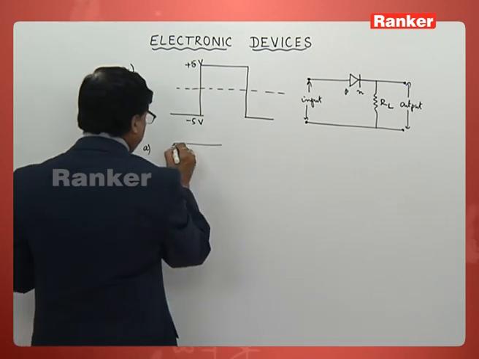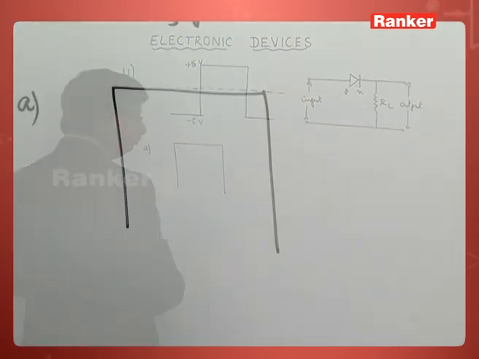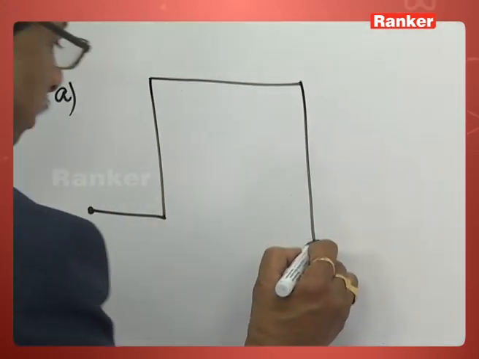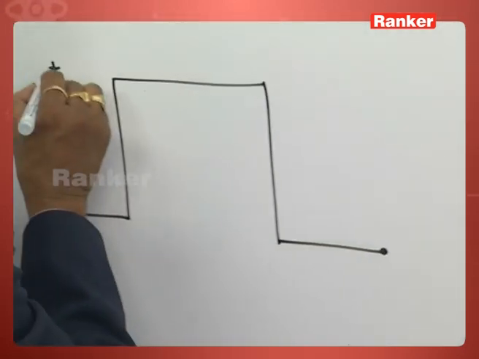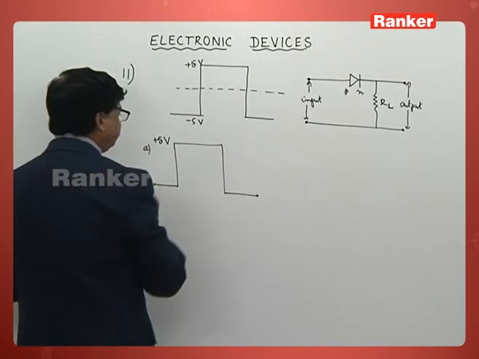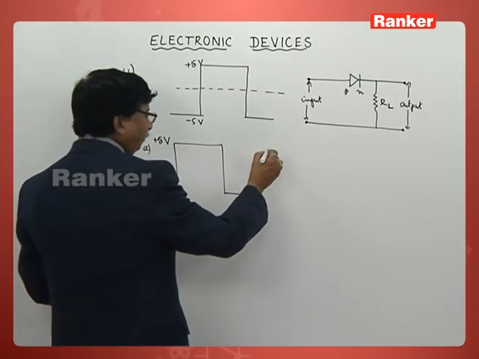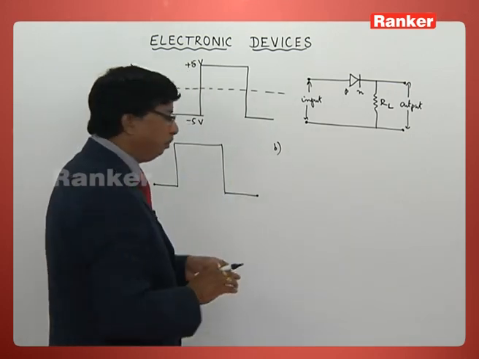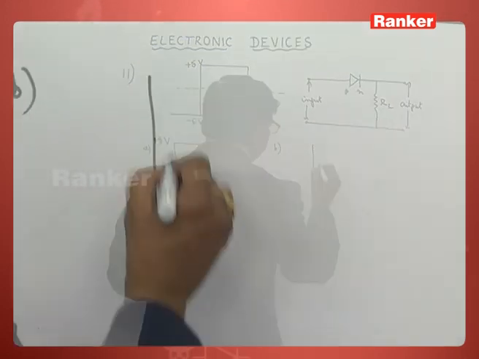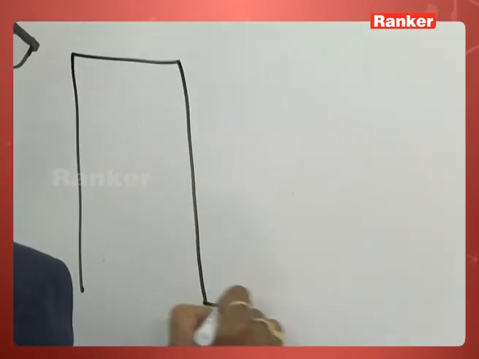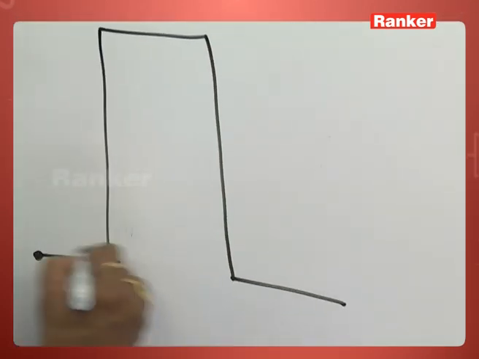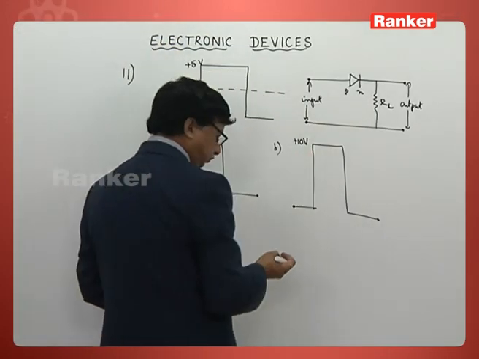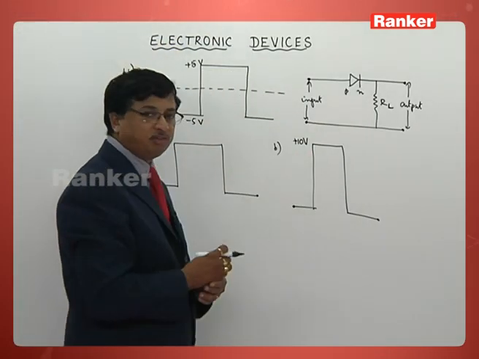The first option is given this way: this is one terminal, this is the other terminal, and this is plus 5 volt. And the second option is almost the same, but the voltage value has been changed. This is plus 10 volt. That is the second option.